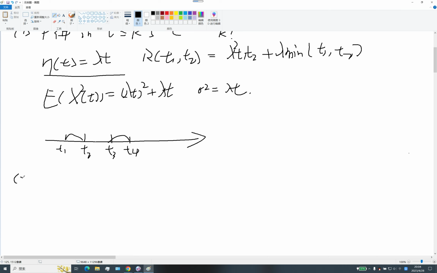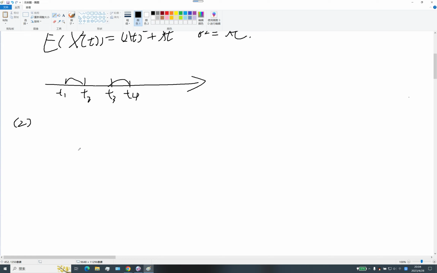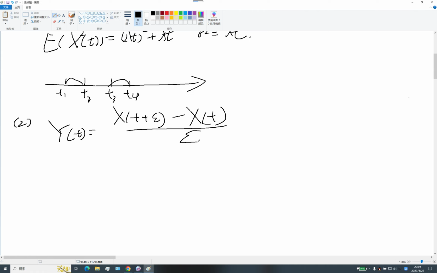And the second is the Poisson increment. Which is the Poisson increment? It is like this: Y(t) equals X(t plus ε) minus X(t), over ε.